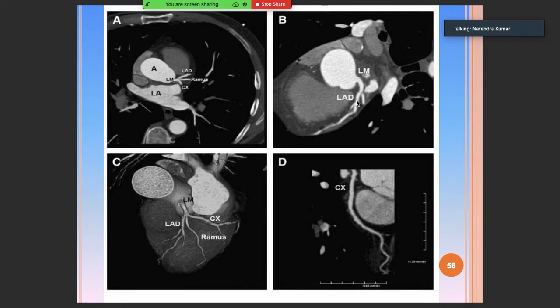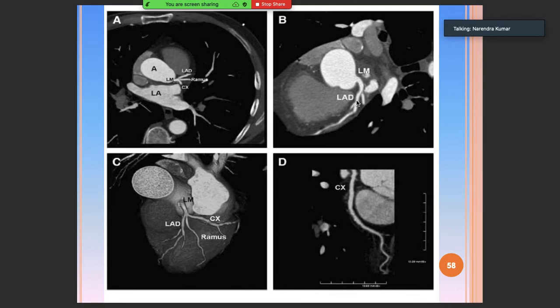So what are the indications? As I had said, men more than 45, women more than 55, someone having a very strong family history of disease, hypercholesterolemia, high blood pressure, smoking, diabetes, or a very high stress lifestyle as well.